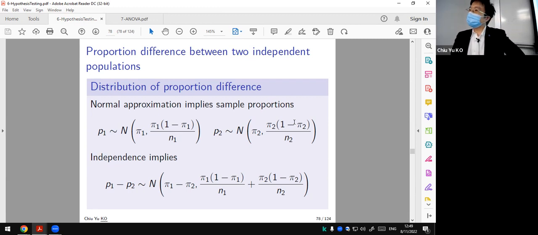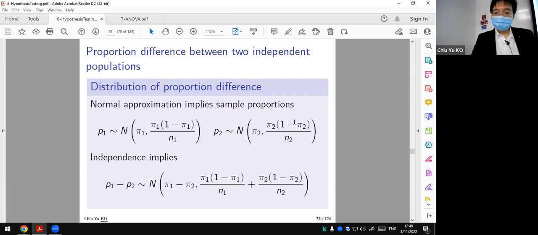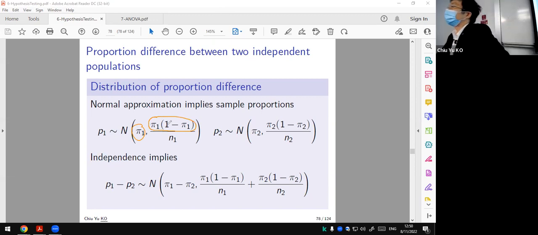One thing you want to remind yourself is when we talk about proportion, the key benefit is that the mean and the variance are related. If I know something about the mean, something can be said about the variance. In this case, we care about the difference of two population means.